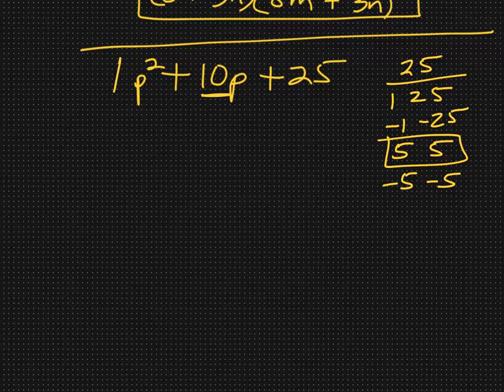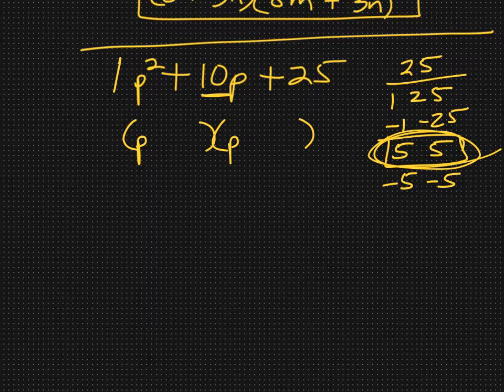So how does it factor with the shortcut? Remember, the first 2 blanks are always P and P, or X and X, or Y and Y. And then whatever the factor pair is goes in the last 2 blanks. So this factors as P plus 5 times P plus 5. If you give that to me, I'll be happy. That's a good answer.